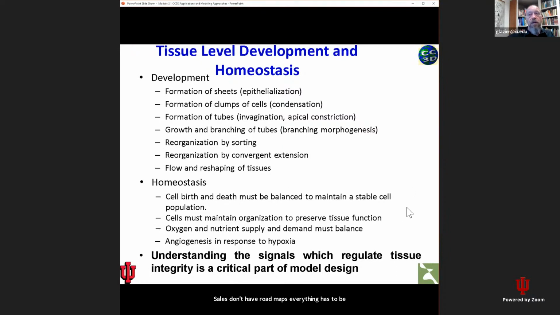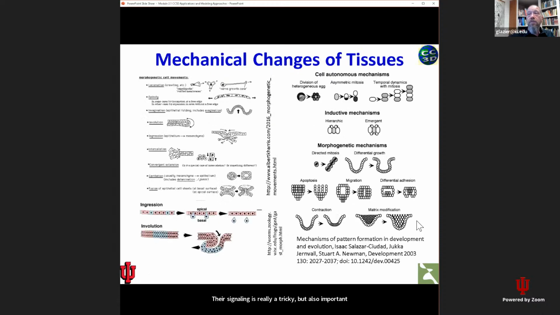Once we've built a tissue, how do we maintain the tissue? How do we balance cell birth and death? How do we maintain oxygenation and generate angiogenesis without inappropriate angiogenesis? Understanding the signaling for these is really tricky, but also important. These are the kinds of problems that our modeling can really address.